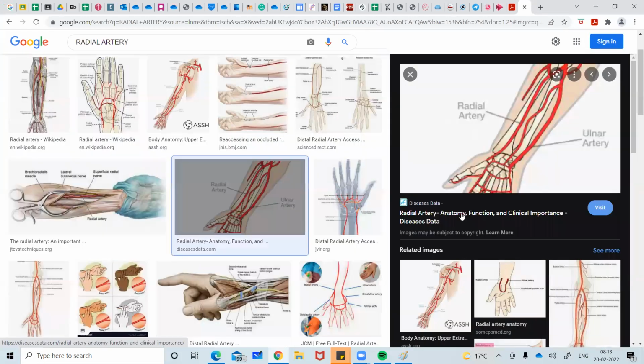Yeah, this one. This particular blood vessel, which is going towards the thumb side. If you see, you can find pulse there. Even right now also, if you touch.